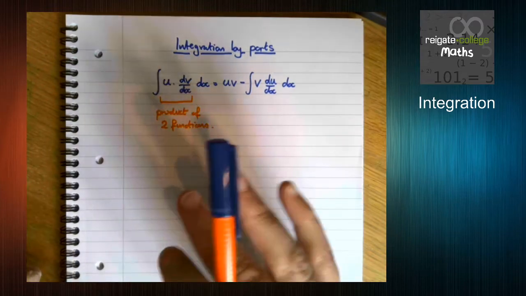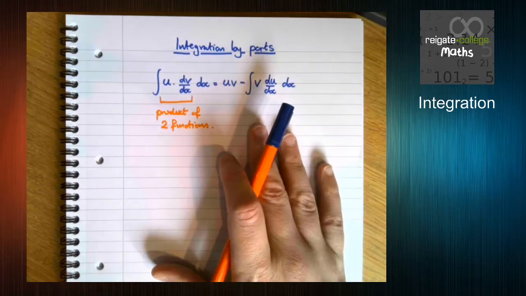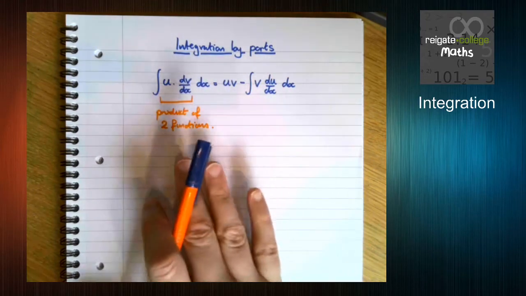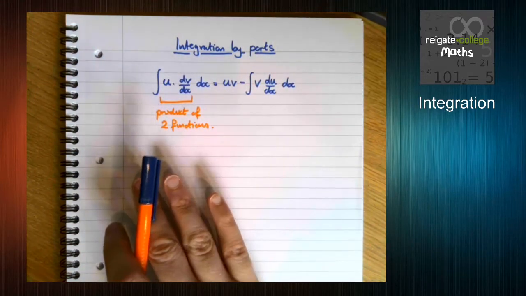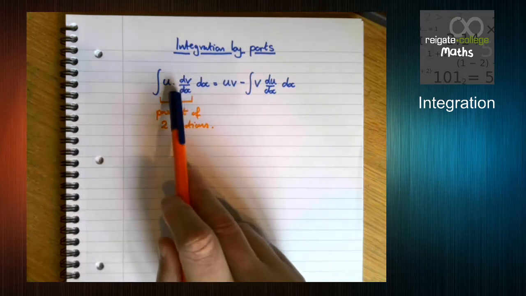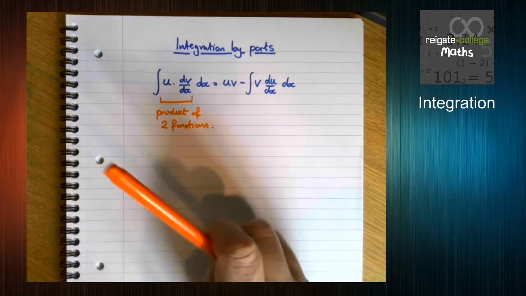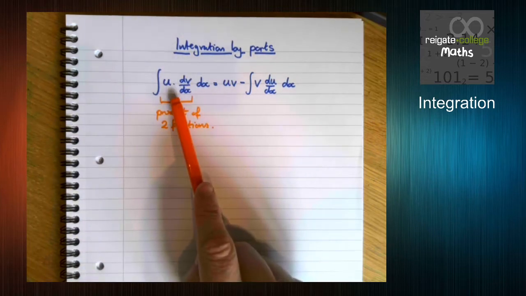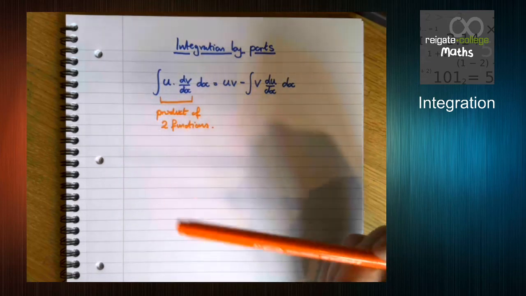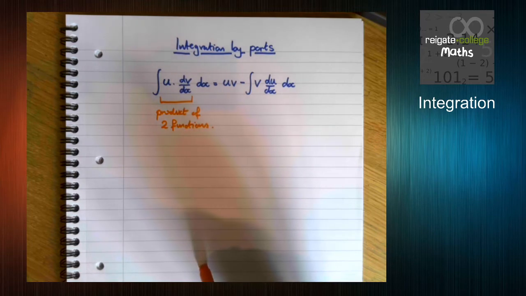The main thing with this is don't get confused between the by parts formula, which you are given, and the product rule formula. Product rule is for differentiation, this is for integration, but it looks very similar. Where's the major difference? Well, it's here. In the product rule, we identified the integral being u times v.